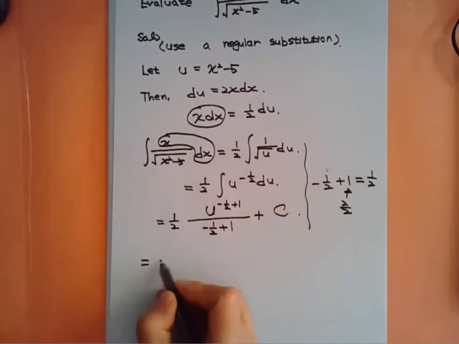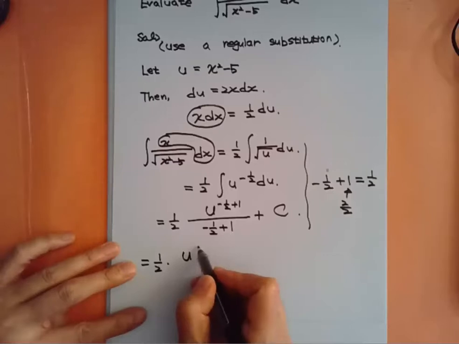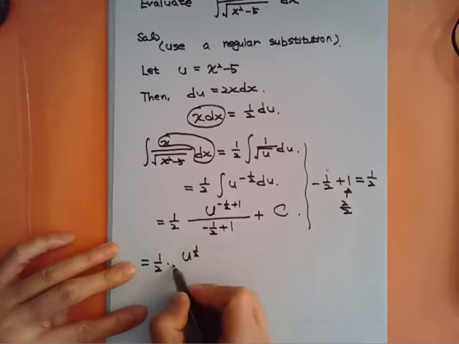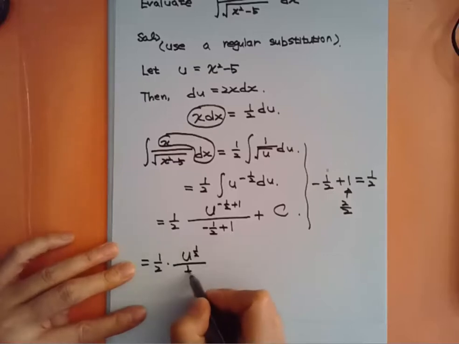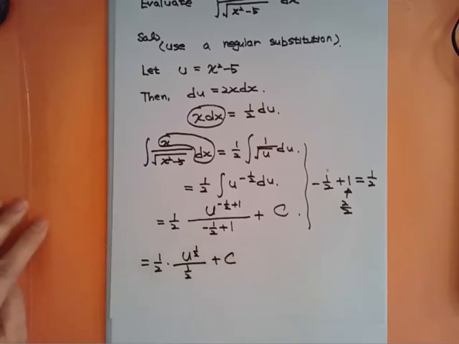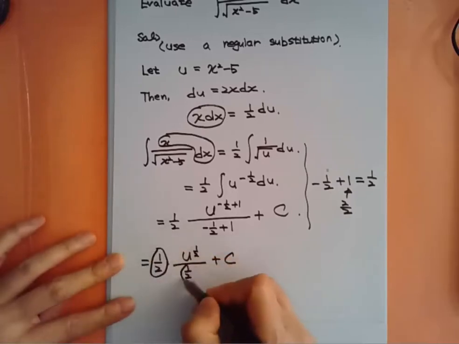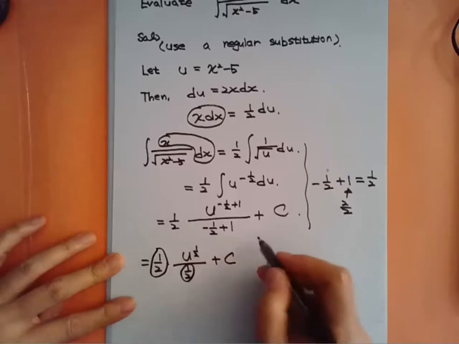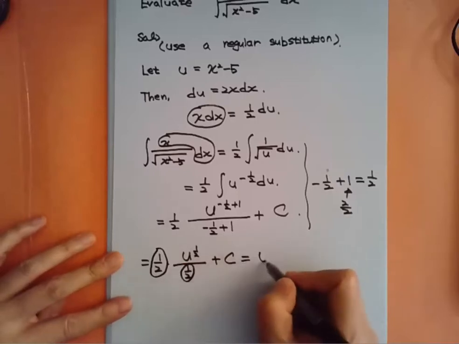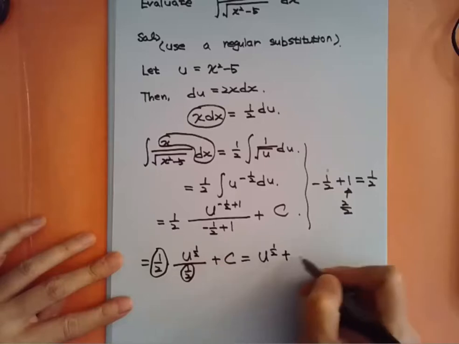So it becomes 1/2 times u to the 1/2 over 1/2 plus C. So this number and this number are the same, so they will cancel each other, and we get 1/2 u to the 1/2 power plus C.